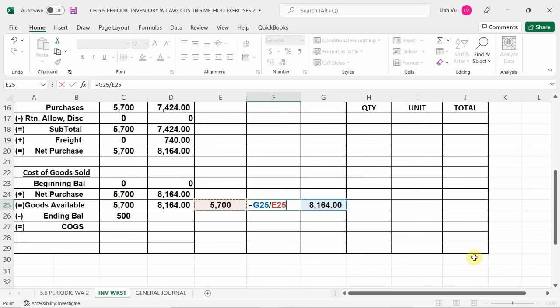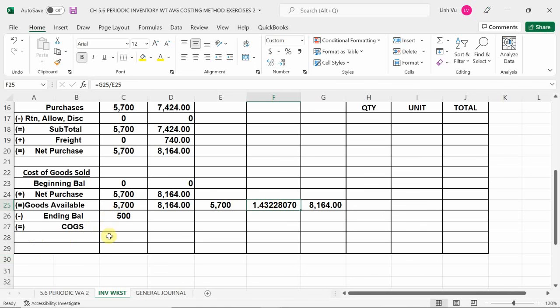Do you want the whole long number? 1.432807. Awesome. Good. Okay. So that's my average cost per item.